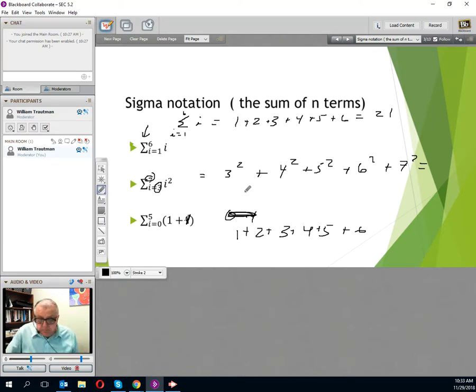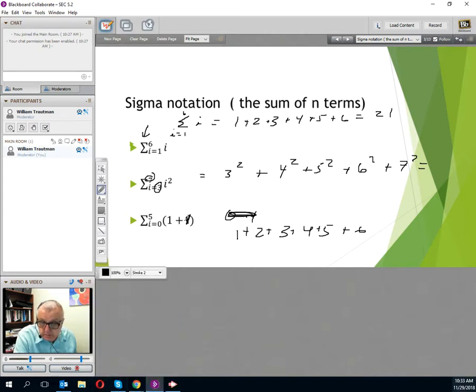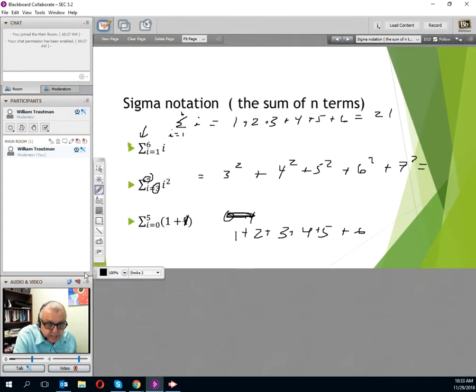I'm going to put this in my calculator and show you how to do this on the calculator. So let's do the first one on a calculator. Give me a second. There's got to be an easier way to make this big.